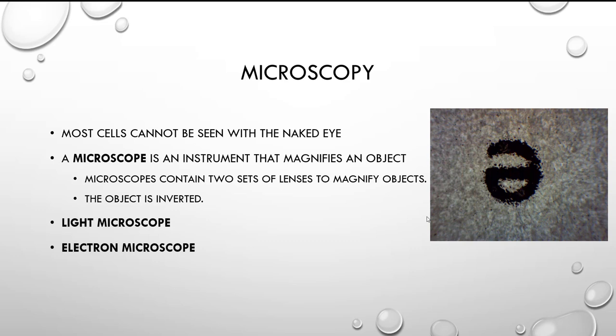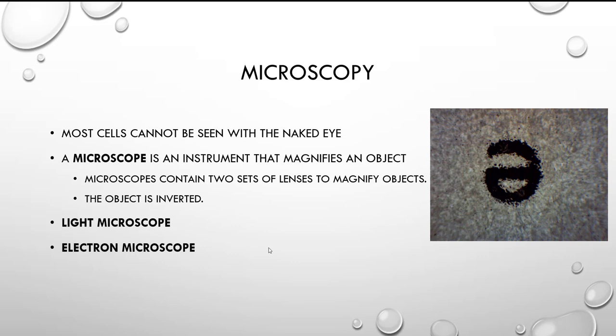Okay. So there's actually two types of microscopes out there. So one of them is something that you've probably used if you've ever taken any type of lab before, which would be a light microscope. So that's the one that's more familiar to you. The other type is an electron microscope. So we're going to talk about both types. So light microscope and electron microscope.